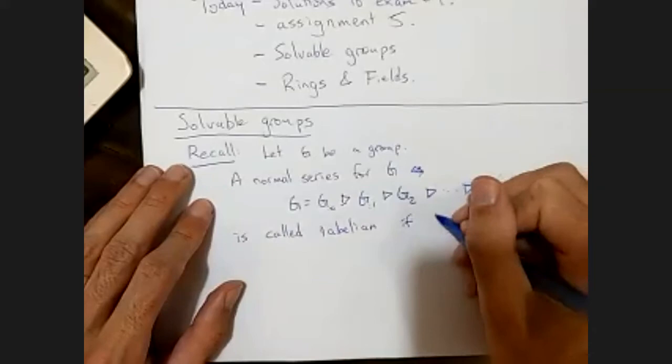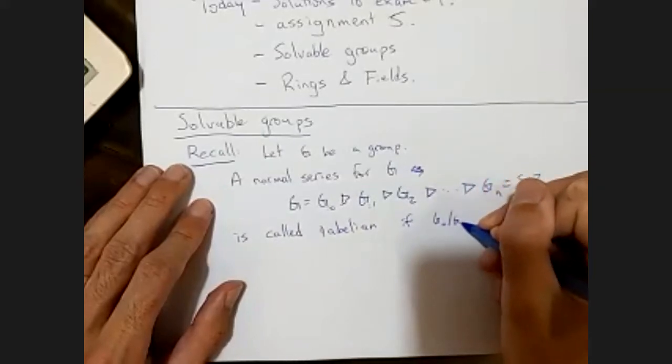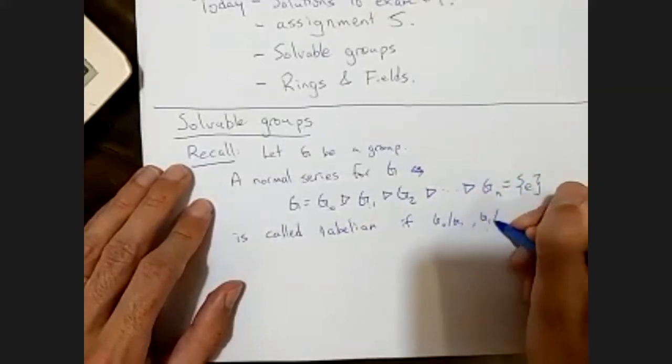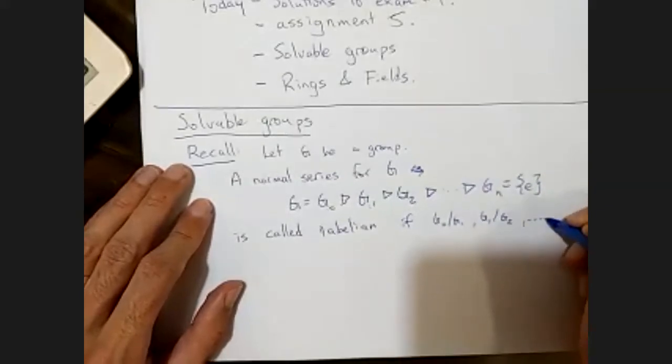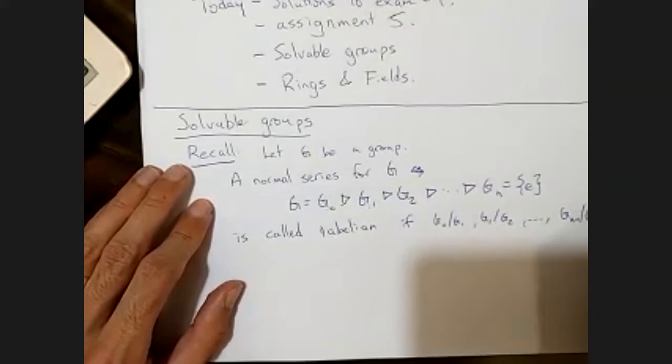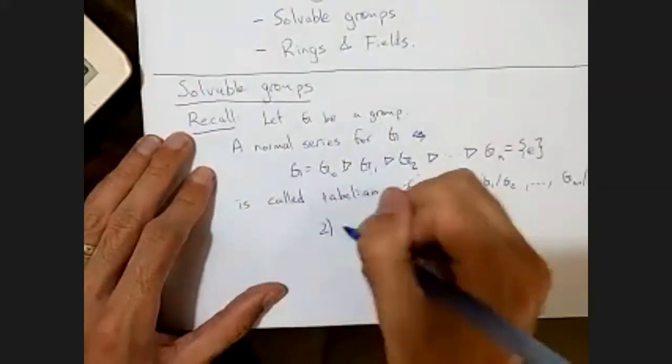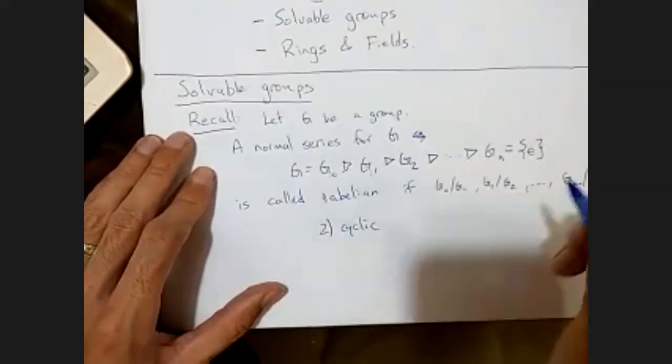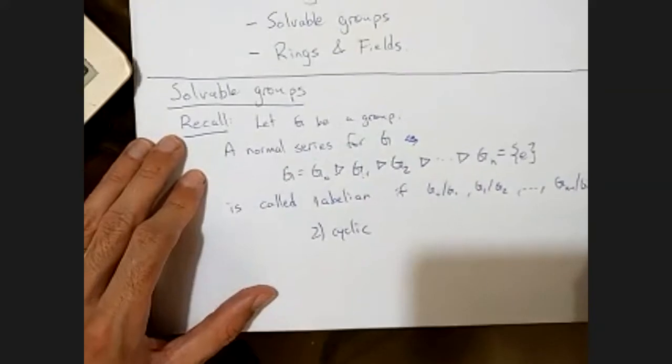So if G0 mod G1, G1 mod G2, and so on, all the way up to Gn minus 1 mod Gn are abelian. And it's called cyclic, you can guess, if these quotients are all cyclic.